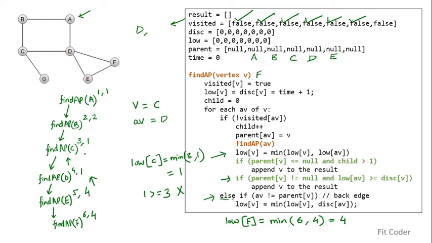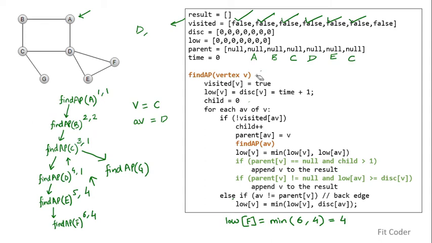When we come back at C, we see that there is also one more adjacent vertex, which is G. So now this for loop will again come for vertex G. From here we'll have to call find AP for G, and we'll set parent of G to C. So now V is G. We set low and discovery time to time plus 1.